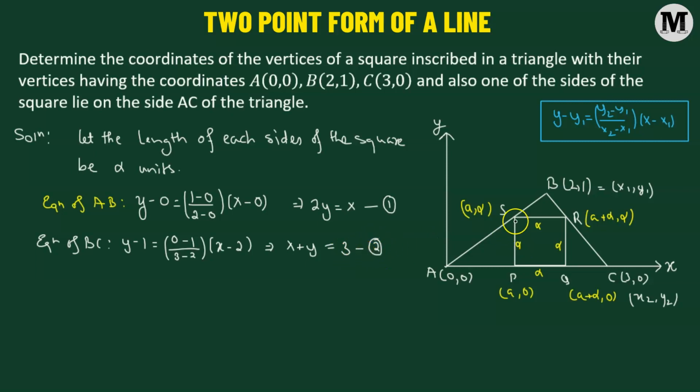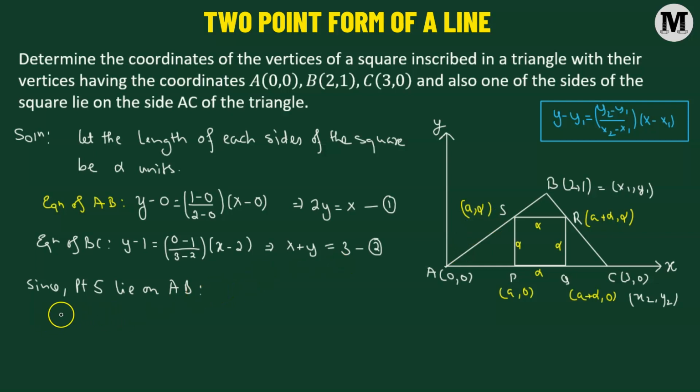Now clearly point S lies on the line AB. So that means (a, alpha), which is the coordinate of point S, is going to satisfy the equation of AB. So let's write it down. Since point S lies on the line AB, S is going to satisfy the equation of AB.